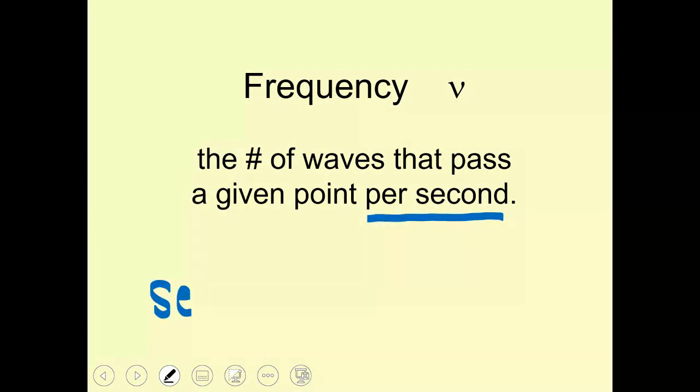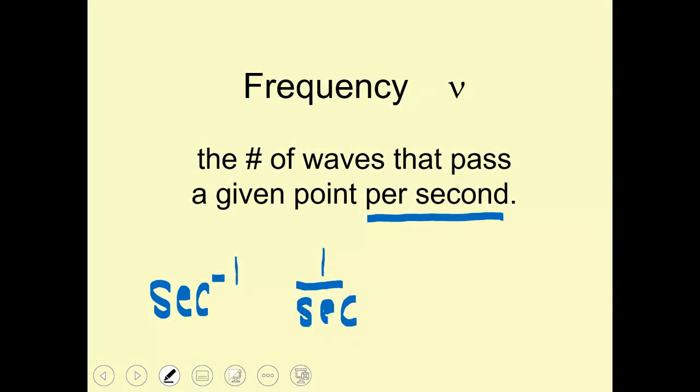So a way to write that is second to the negative 1. Other times, students will write that 1 over seconds. I've also seen students write a slash seconds for per second. But all of these mean the same thing: a unit that means per second.